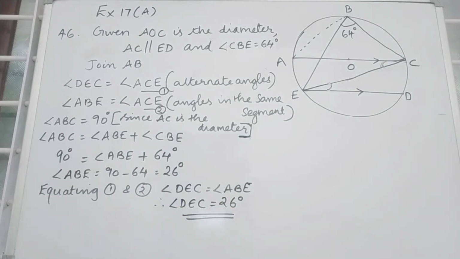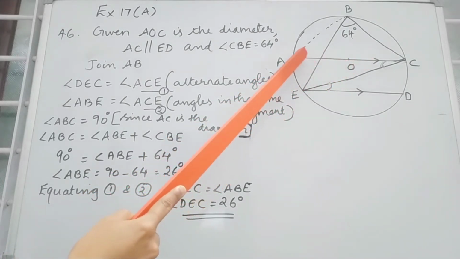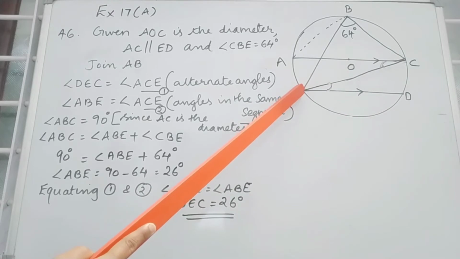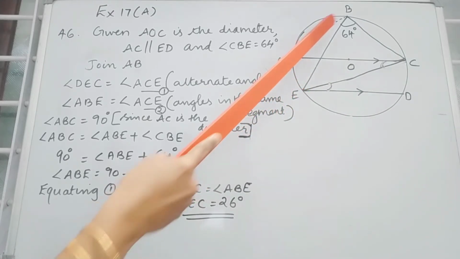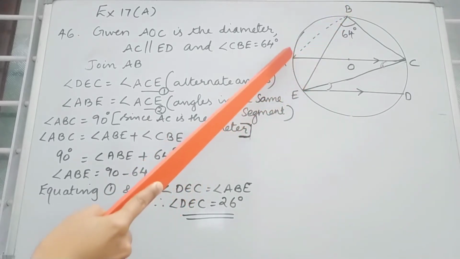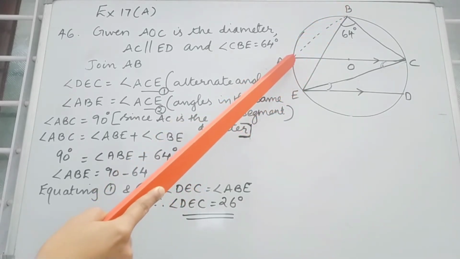In the same way, ACE can be written as ABE. ACE lies in the segment AE and ABE also lies in the segment AE.